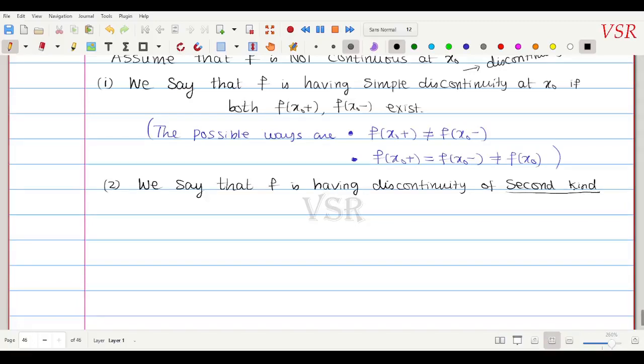Second kind at x naught if இது ரெண்டுல ஏதாவது ஒன்னு எக்ஸிஸ்ட் ஆக இல்லாம போனா கூட அது வந்து செகண்ட் கைண்ட்.